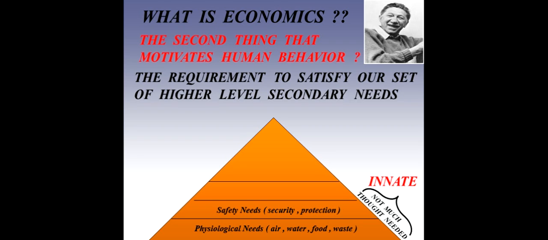So these things get taken care of as a matter of course. I'll use an example. We don't plan our day around when we're going to go to the bathroom for waste removal. And generally not too much planning is gone into when we're going to get our hands on some food. Breathing comes as a very natural thing to do, and we don't put too much thought into this. So he called these first two categories innate needs.